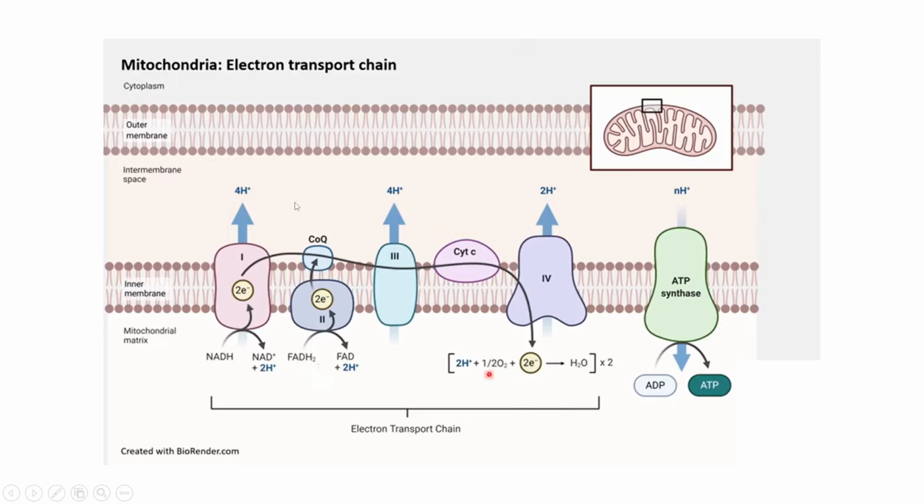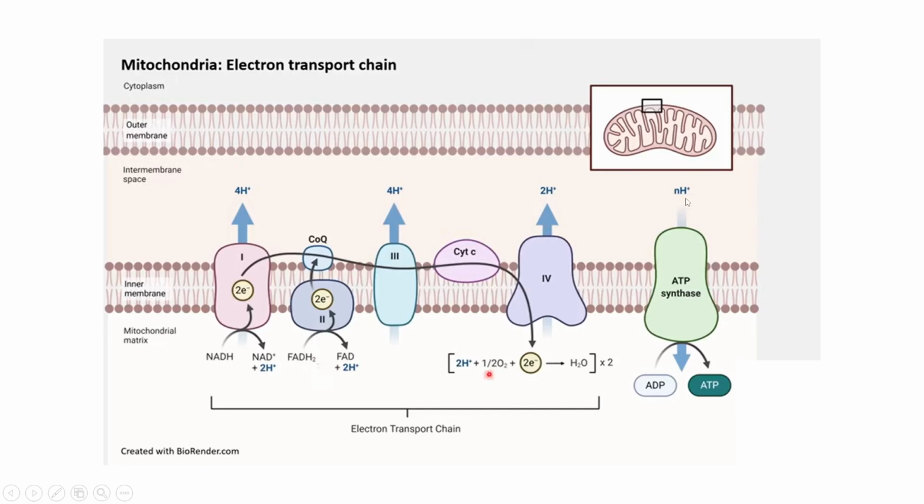So why am I talking about hydrogen ions? Basically, the concentration of these hydrogen ions helps in the formation of the ATP molecule by electromotive force. Okay, so electromotive force is generated by the concentration of the hydrogen ions inside the intermembrane space.